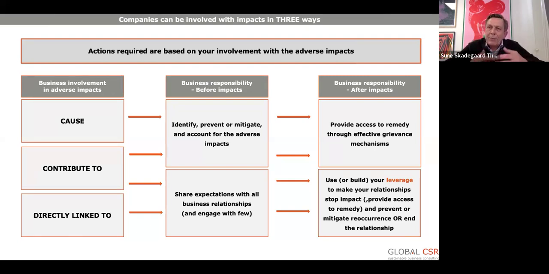So I'm developing AI, I'm using it in my company, and it leads to adverse impacts on the right not to be discriminated against based on skin color, and that will then be an example of causing an adverse impact.